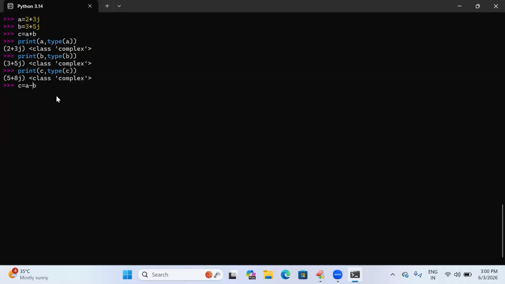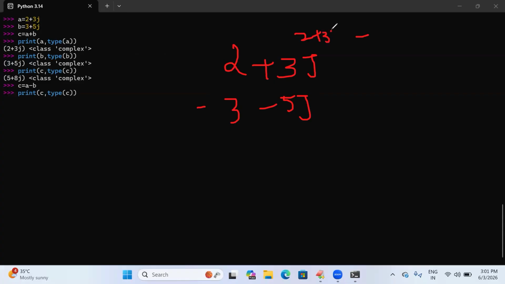Now I'm trying to do subtraction of these two values. So I'm trying to print C. Before printing C, we will do it in the manual way. 2 plus 3j minus, right? Minus 3 minus 5j. Why did I get minus here? We are doing it like this, right? 2 plus 3j, and of this whole one value minus 3 plus 5j.